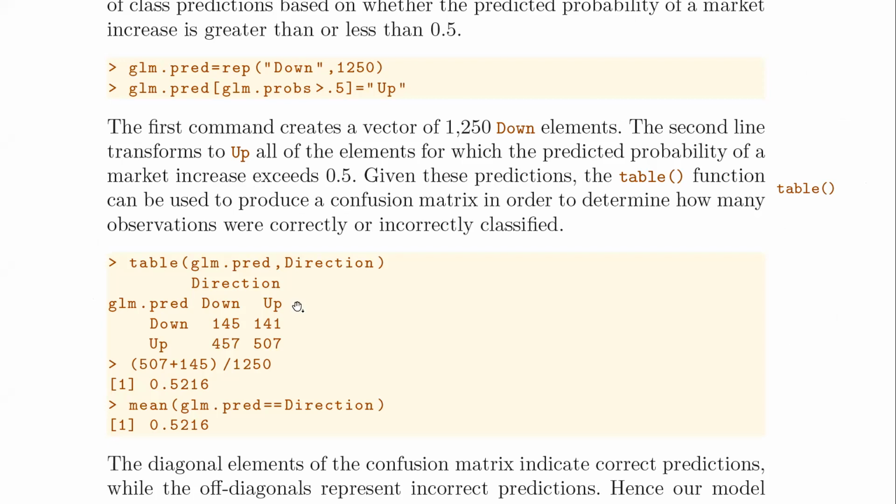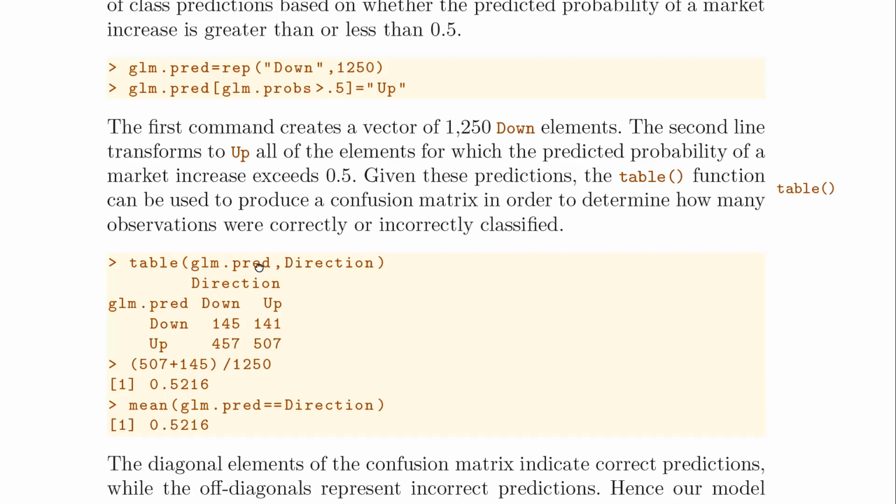Given these predictions, the table function can be used to produce a confusion matrix in order to determine how many observations were correctly or incorrectly classified.